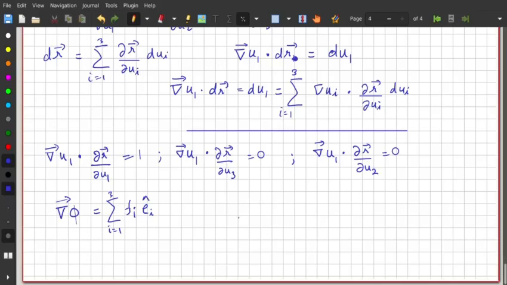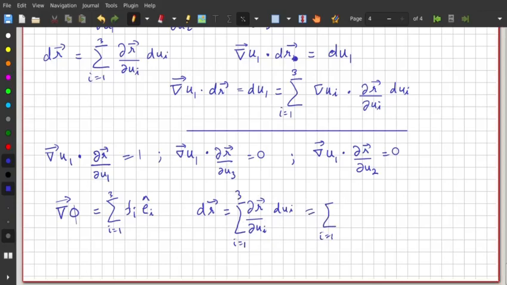The dr vector similarly could be written as the sum over i equals 1 to 3 of partial r partial ui times dui, and using the scale factors, partial r partial ui can be written as hi ei cap.